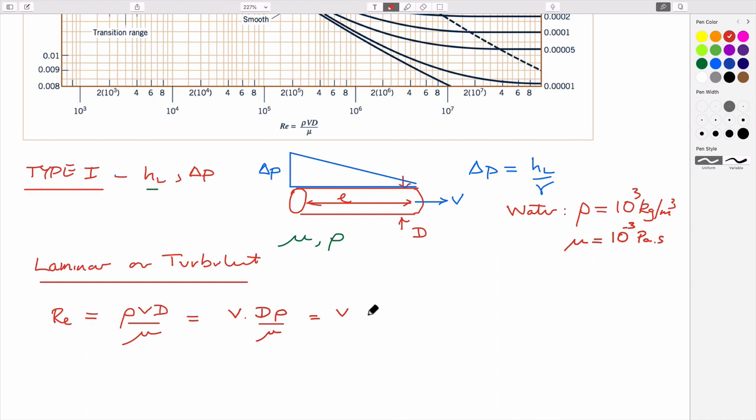So that's quite a big pipe. So let's put diameter as 10 to the minus 1 meters. And density is 10 to the 3 kilograms per meter cubed. And viscosity is 10 to the minus 3 Pascal seconds.